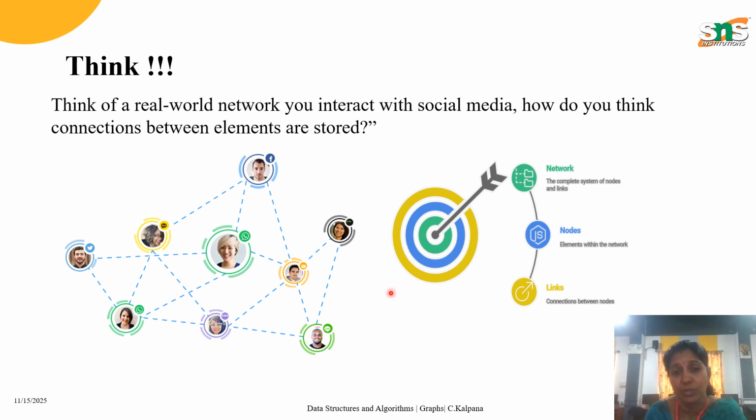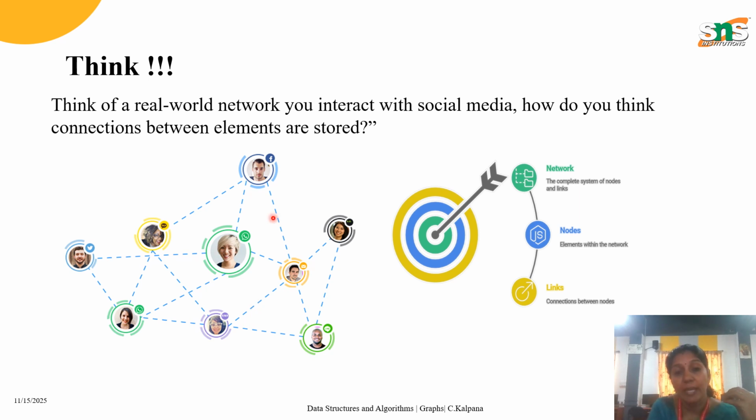Graph data structure. So just see this image here, friends are connected together. So when I say connected, this friend X is connected with Y, Y is connected with A, A is connected with S, something like this. So it forms a network of people. So when I say network, obviously we can use graph data structure to represent it.